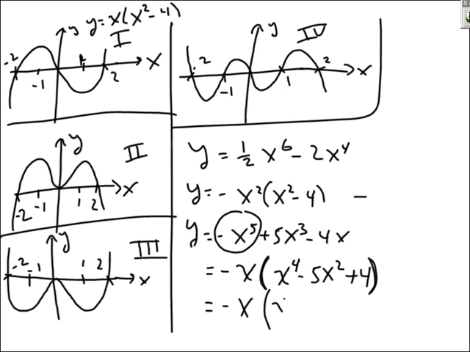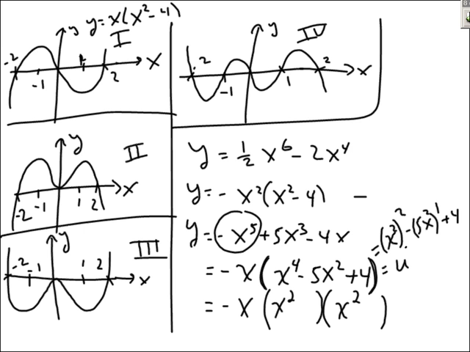That is, instead of x followed by a number and x followed by a number, we're going to have x squared. Because what's in the brackets can be realized as x squared squared minus 5x squared to the 1 plus 4. If you let x squared be u, for example, this is u squared minus 5u plus 4.